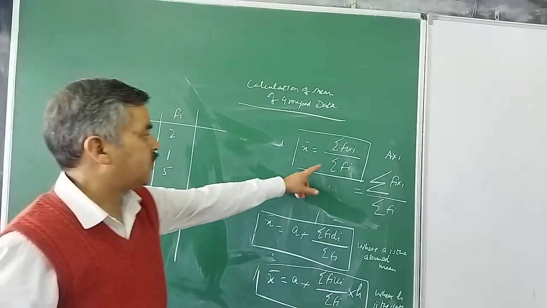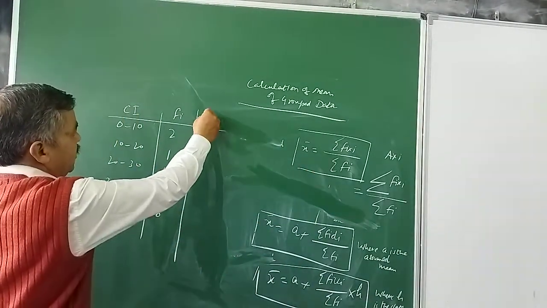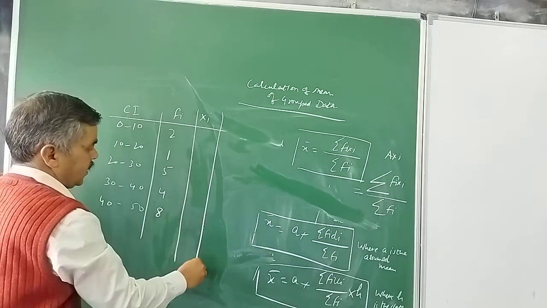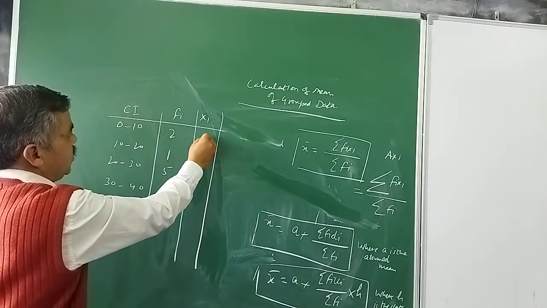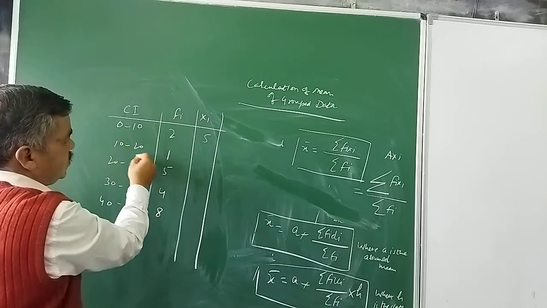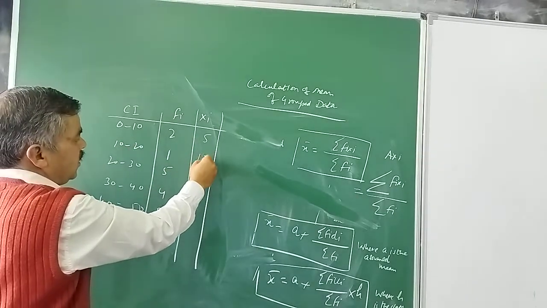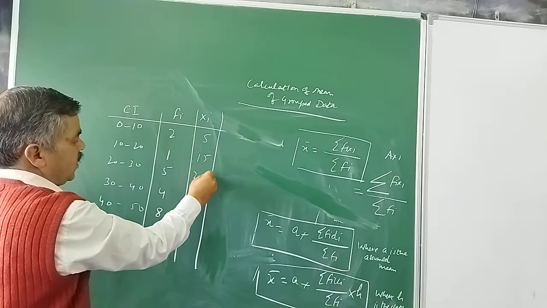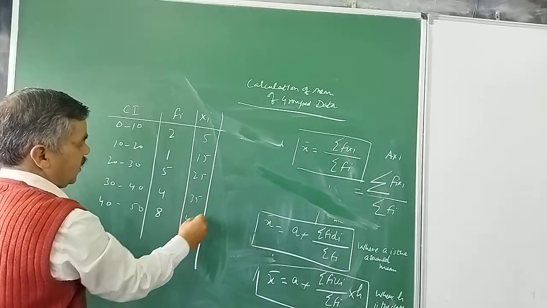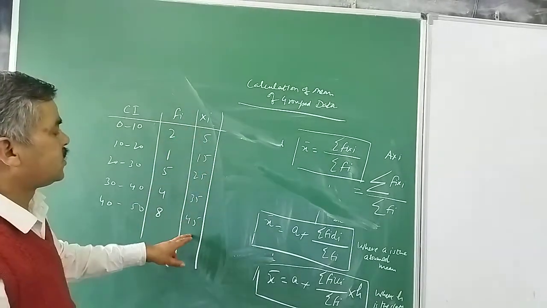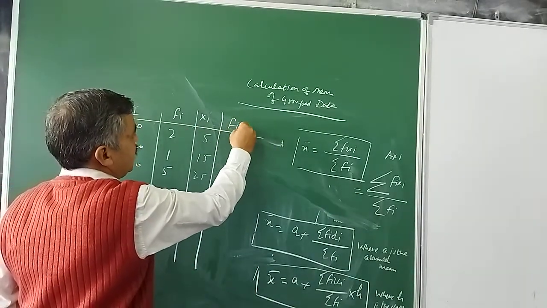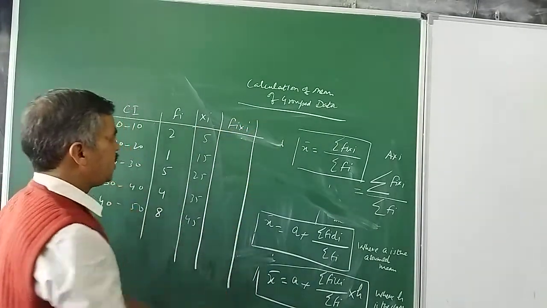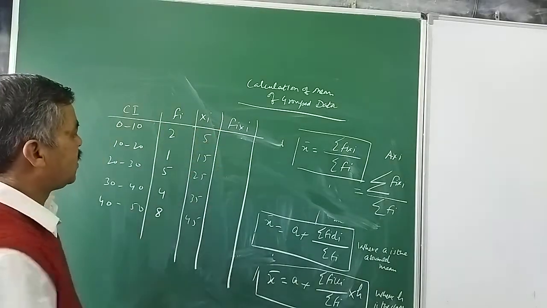If you are looking for the first, direct method, I know I have to find xi. So xi is 0 plus 10 divided by 2, which is 5. Then 30 divided by 2 is 15. Keep on adding 10: 25, 35 and 45. So these are the class marks. And the fourth column gives the product of the frequency with the class mark.